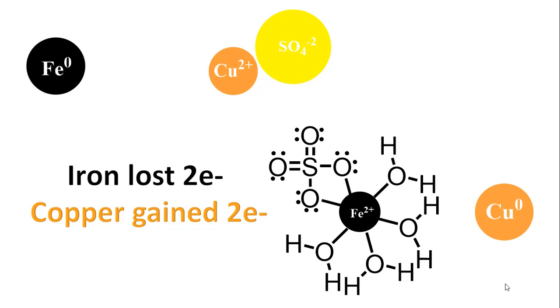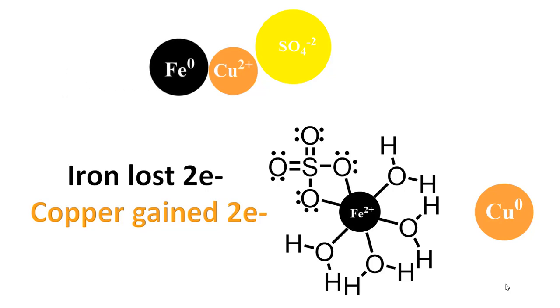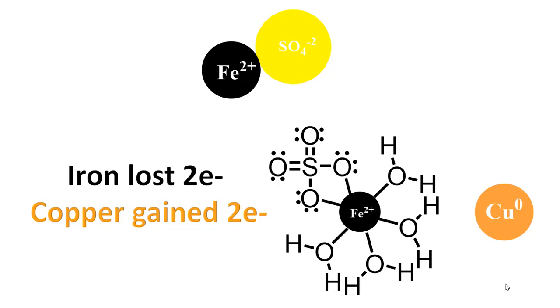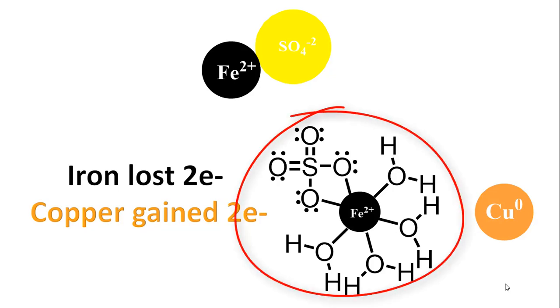So iron 0 comes in, it hits the copper 2+ or collides with the copper 2+, and the copper falls out of solution, and then the iron 0 becomes iron 2+. So that's the redox part where the iron 0 gets oxidized up to iron 2+, and then copper 0 falls out of solution. So that's what we have down here. So this is what the iron 2 sulfate molecule looks like. All right, so that's a rough structure of what it would look like with iron and octahedral geometry.